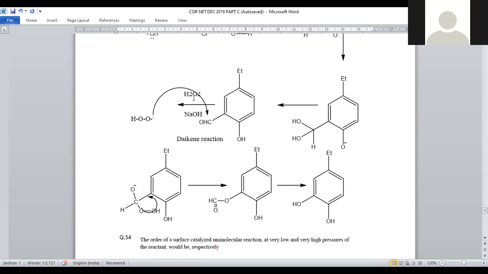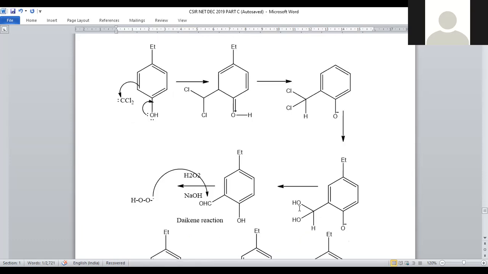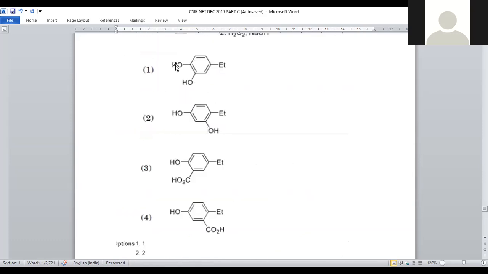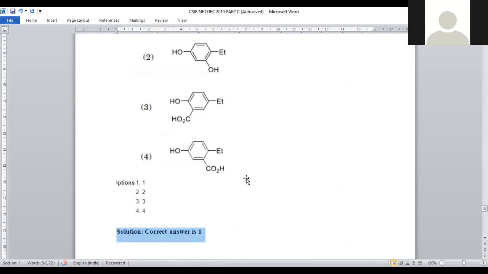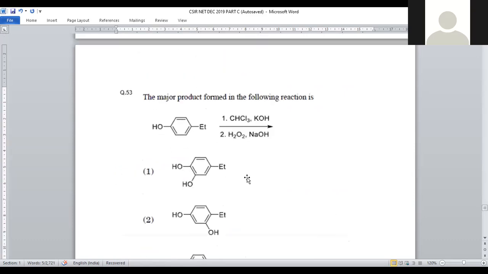Simply, hydrogen peroxide is used to replace the aldehyde with hydroxy. That is called the Dakin reaction. So by this we will get a vicinal dihydroxy compound. Option number 1 only contains such a functional group, and the correct answer will be option number 1 for question number 53.